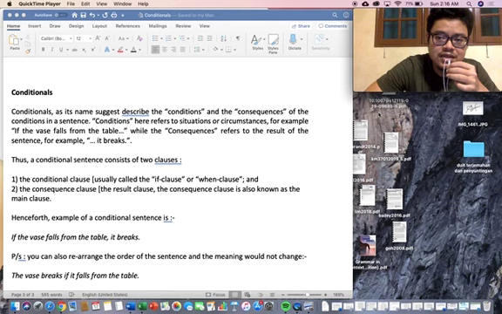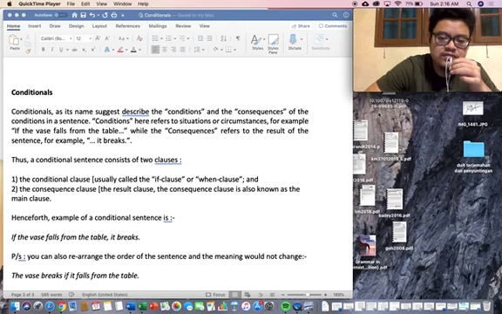So for this week, we will cover the topic of conditionals. Before we begin, I will explain what we will go through in this lesson. First, I will explain what conditionals are and how they are used, and then we will go through the four types of conditionals: zero conditionals, first conditionals, second conditionals, and third conditionals.